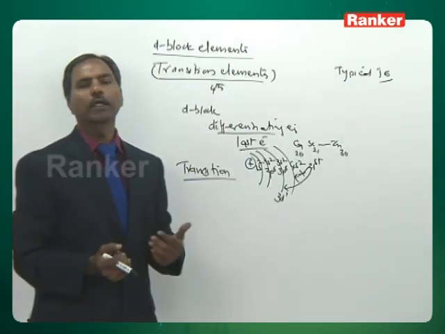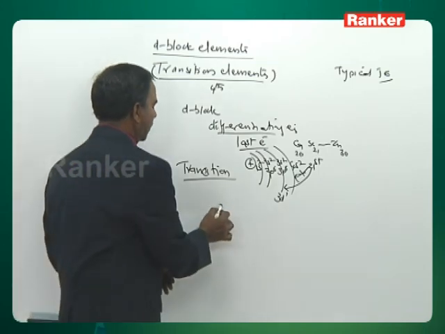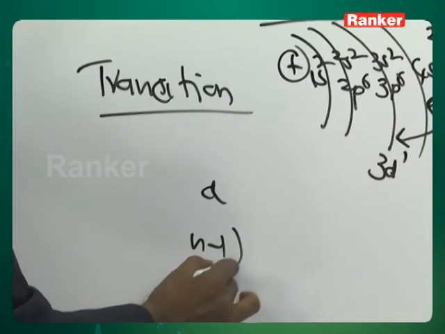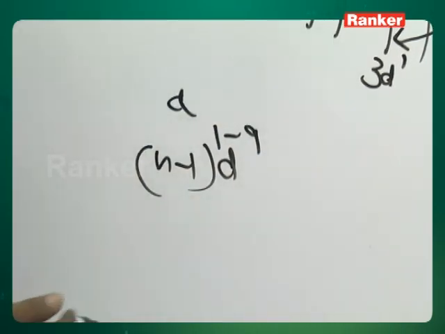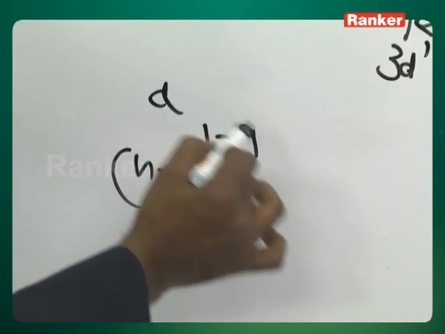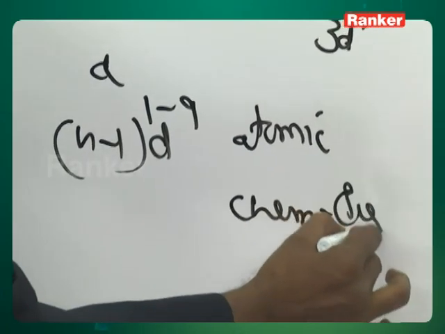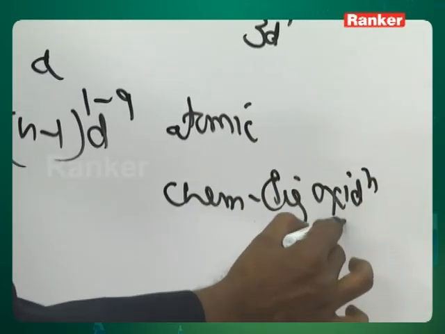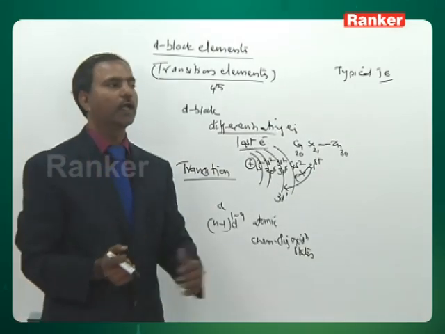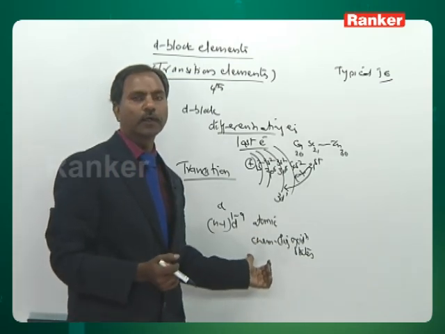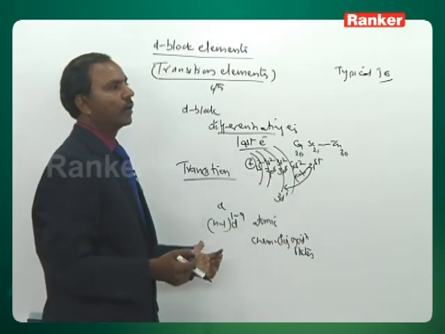Next, let me introduce the transition element. The elements carrying incompletely filled (n-1)d orbitals, let me say d1 to d9, either in their atomic state or in their chemically significant oxidation states, we call them transition elements.